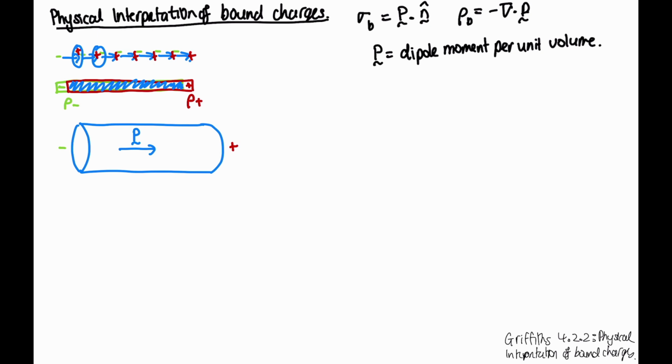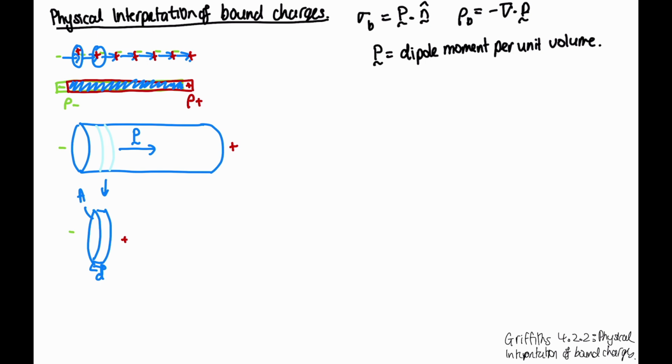Now, let's start by considering a tiny chunk here. So we're going to take this little chunk here. We'll let it have length d, and it's got an area A. This will be our negative end. This will be our positive end.